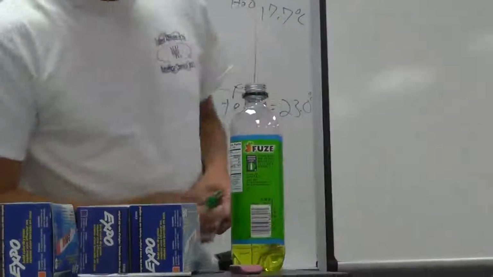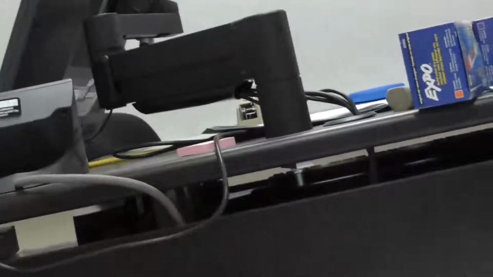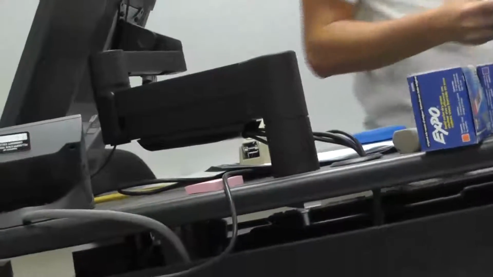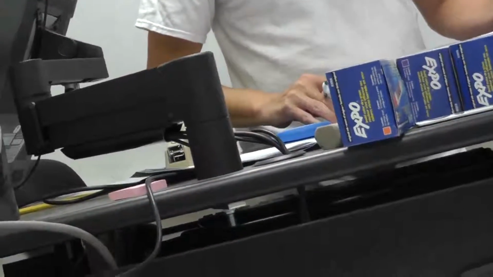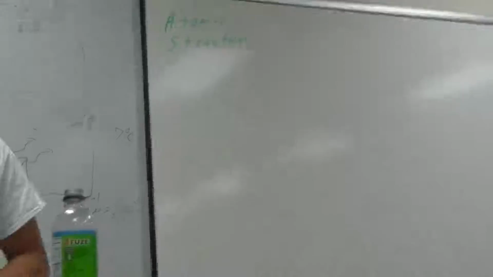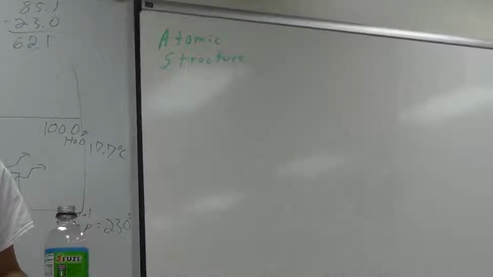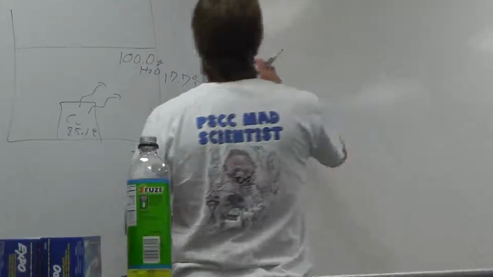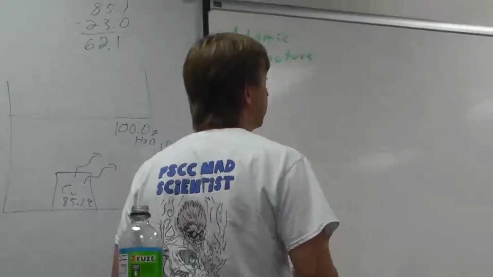So back to the page on atomic structure. In Chapter 2, we're looking at primarily atoms and what they're made of.